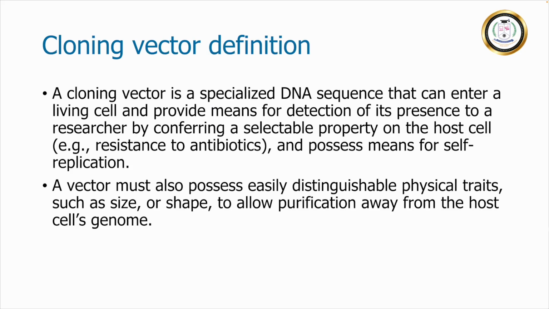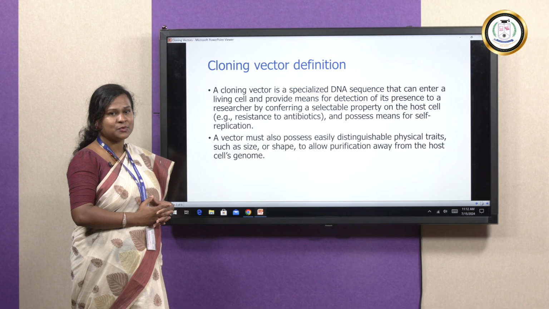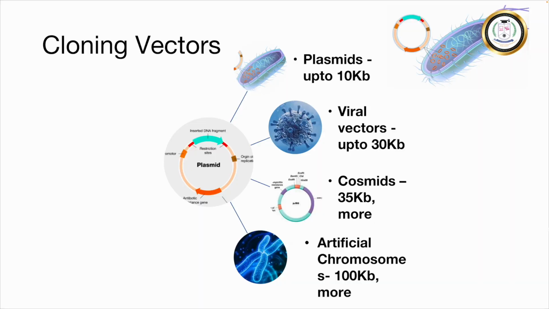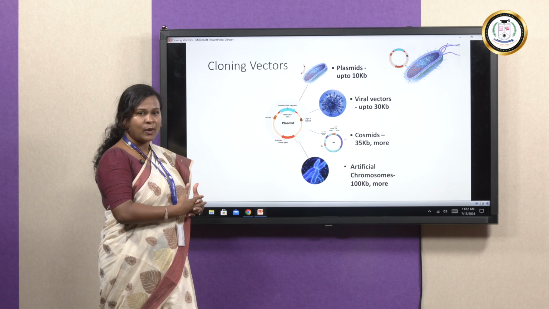If you have to speak about vectors, the physical traits of the vector, such as size and shape, have a very important role to play. There are n number of cloning vectors, out of which I'm going to discuss four important types which have been used widely.